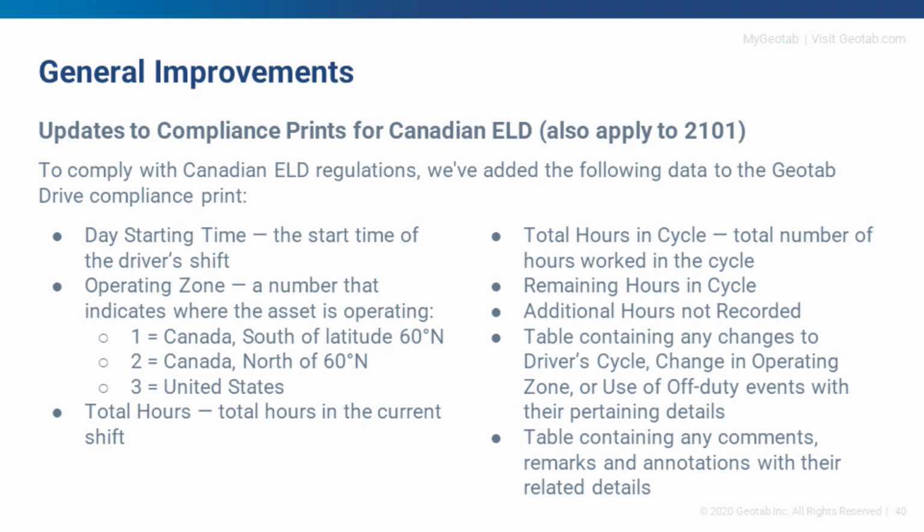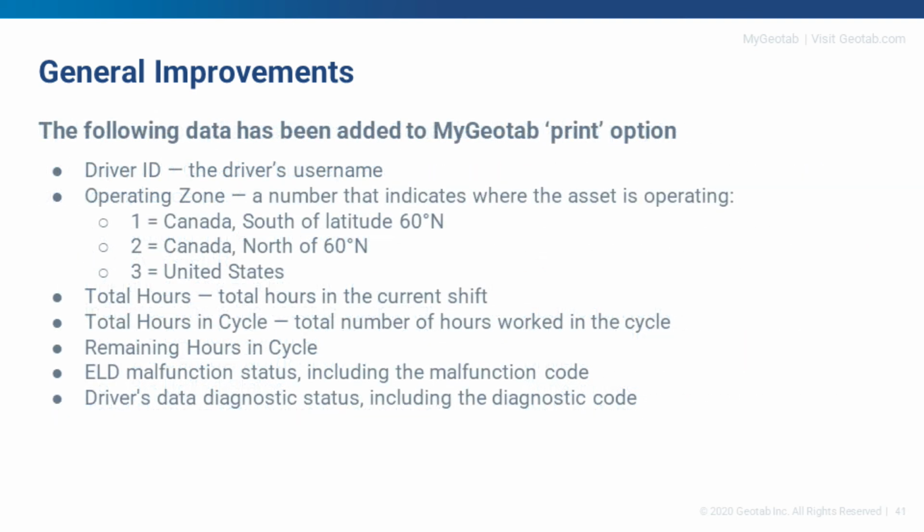So you'll see on the print view inside of Geotab Drive, in the roadside check, the inspection area, the print view will have more material here, because again, we're just getting ready for those inspections in Canada for ELD. You'll see a few more things added to the MyGeotab print option as well, just to harmonize. Keep in mind that the MyGeotab print option is more of a record keeping option.